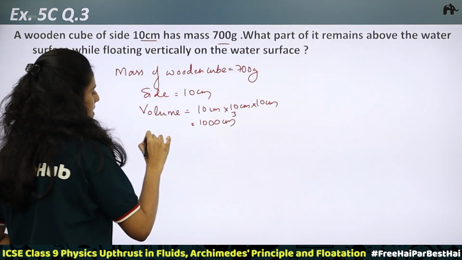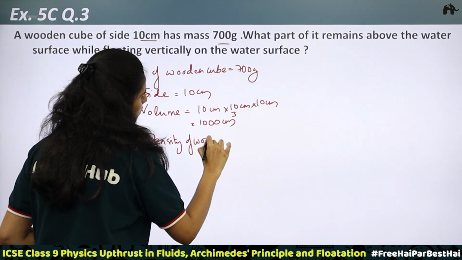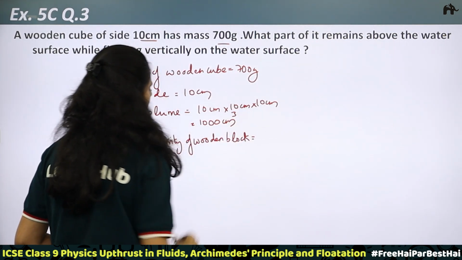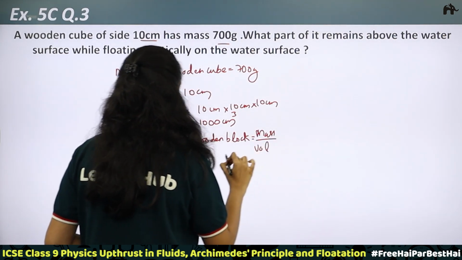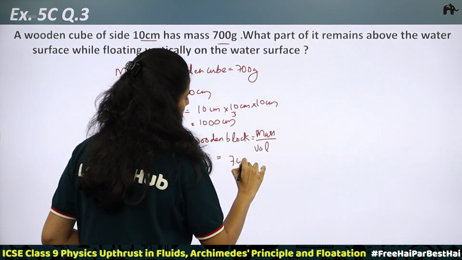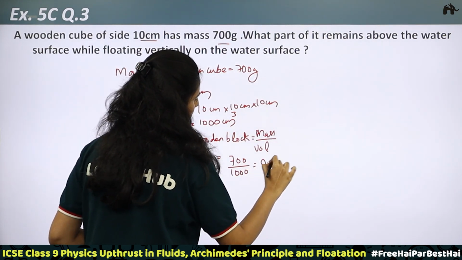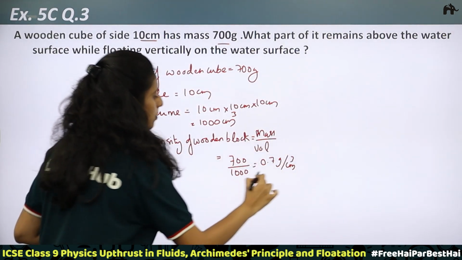Now we can find the density of the wooden block. Density of wooden block is equal to mass by volume, which is here mass is 700 divided by volume is 1000. Therefore 0.7 gram per centimeter cube is the density. We obtained the density.